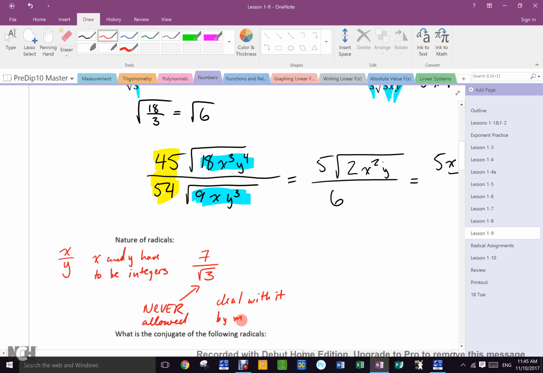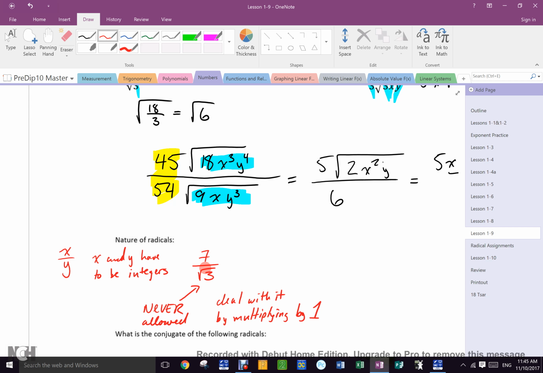by multiplying by 1. What? If you multiply by 1, it doesn't change, does it? Of course not. That's why what I'm about to show you works. Because we're multiplying by 1, we're left with the exact same value.